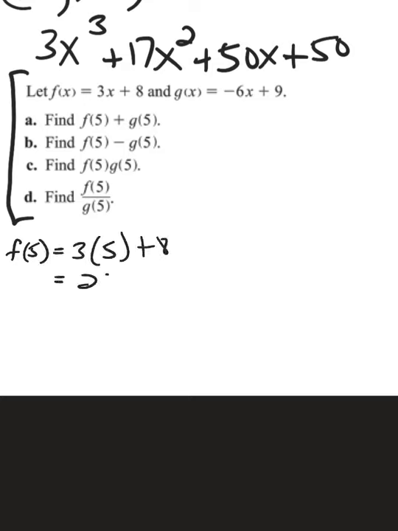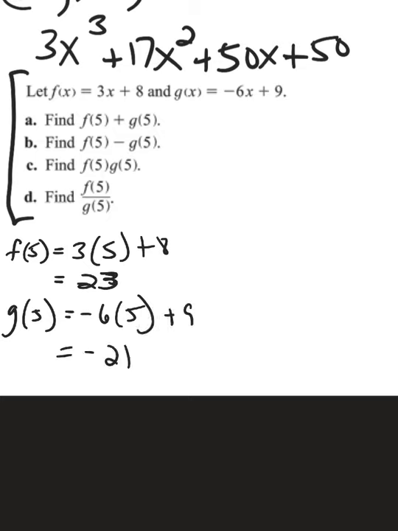which is 23, 15 plus 8, and the g of 5, which is negative 30 plus 9, which is negative 21. And then I'm going to do what this tells me to do. F of 5 is 23 combined with the g of 5, so this is going to be 2. The f of 5, subtract the g of 5. 2 negatives next to each other with nothing in between become positive, so that's a positive 44.